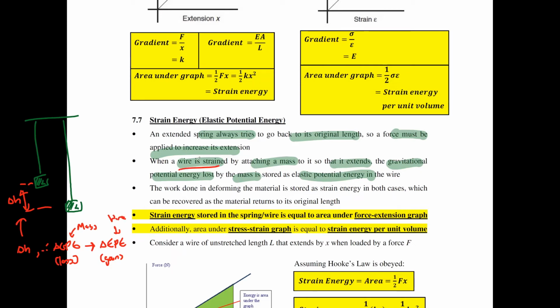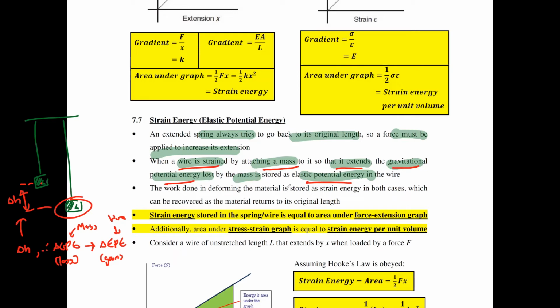Okay, so when the wire is strained by attaching a mass so that it extends, the GPE lost by the mass is going to be stored as elastic potential energy of the wire. Because the mass has dropped in height, there's a change in GPE, it loses GPE. So according to conservation of energy, something else must be gained. Your energy gain is the EPE of the wire.